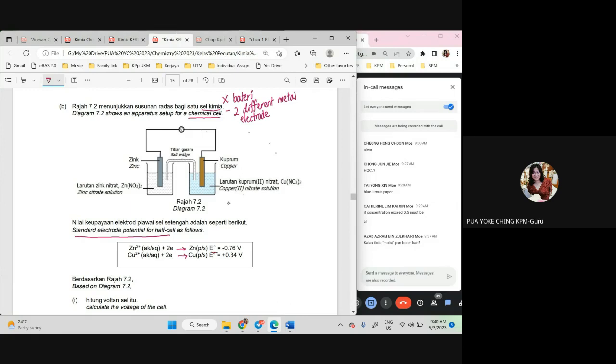And then ada E0. So, you write back your E0 dekat sini. Untuk zinc, zinc is negative 0.76 volt. Copper adalah positif 0.34 volt. So, ada dua ni. So, apa kita buat? More negatif. Ini yang negatif kan? Lebih negatif, so sini more negatif.